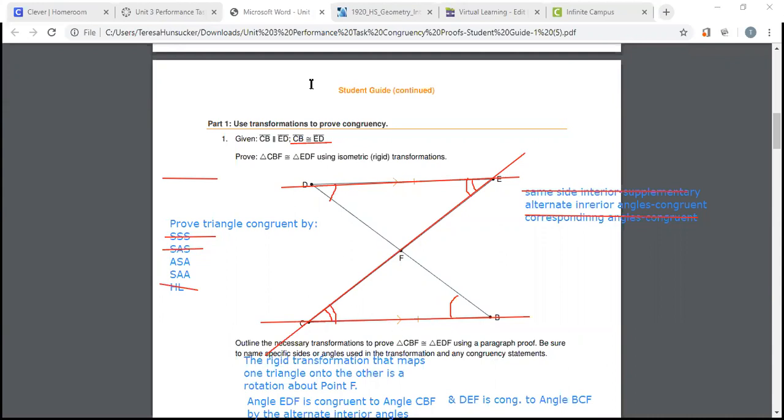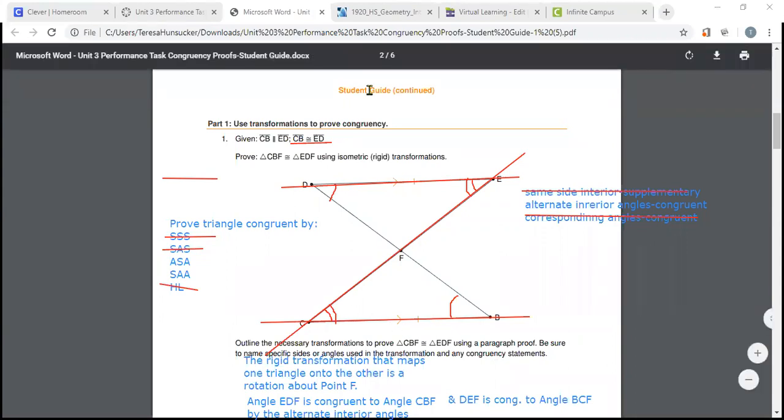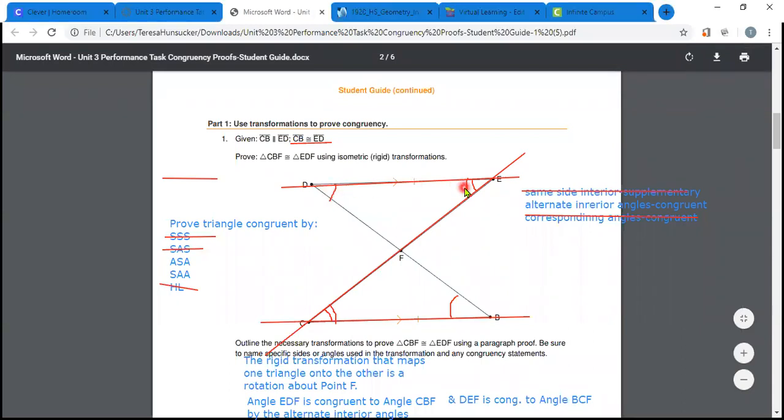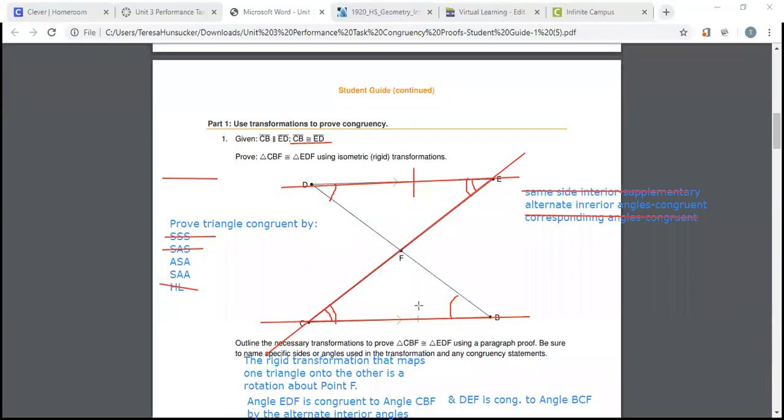Now, if you look at this, why are the triangles congruent? Well, let's look. We have 2 pairs of angles that are congruent. And we have a pair of sides. Let's not forget here and here. Now, is it going to be angle side angle where the side is the included side, or side angle angle? The included side, folks, is the side that both of the angles D and E share.